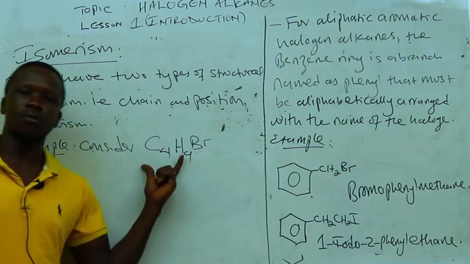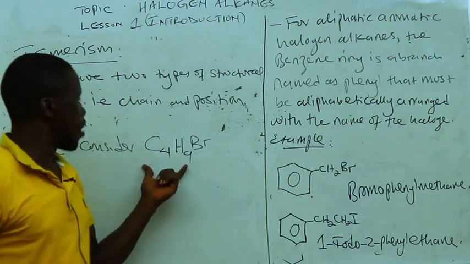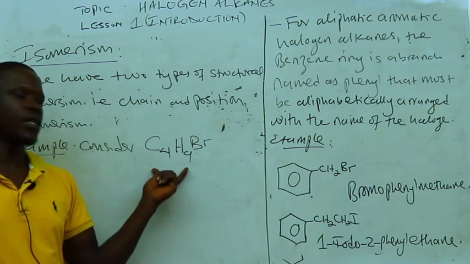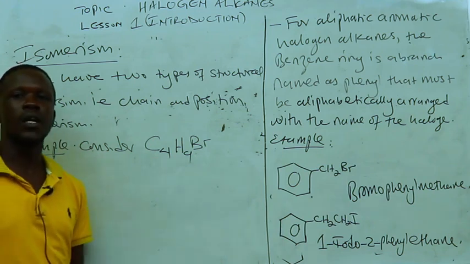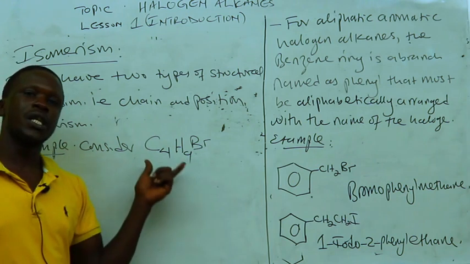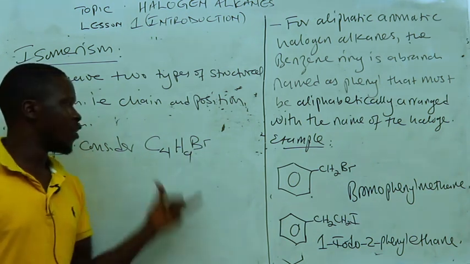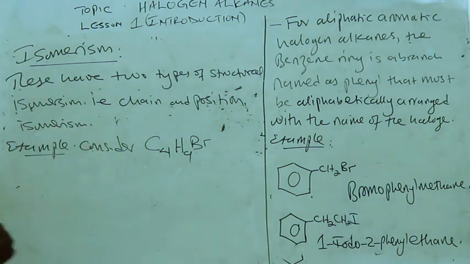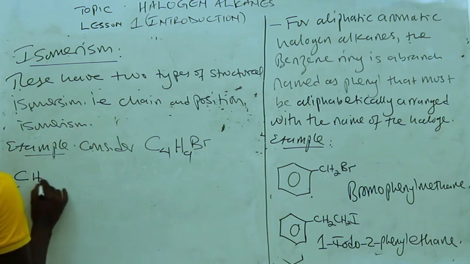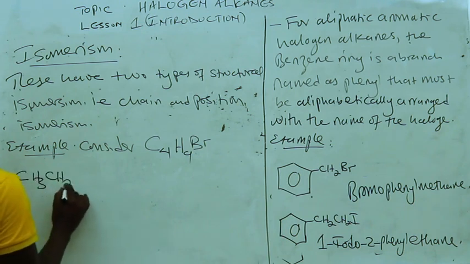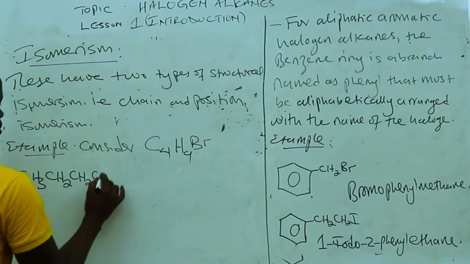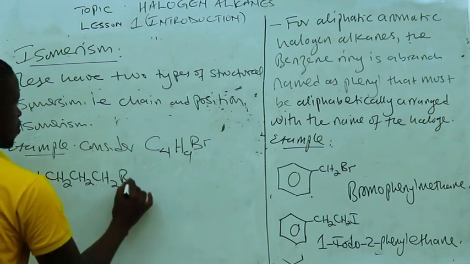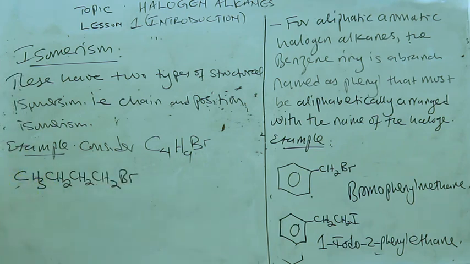Maybe I'll be asked to calculate the empirical formula, and then after calculating, we come up with this molecular formula, and then we are told to write all the possible isomers of this compound. So normally the first isomer is a straight chain isomer. So we write CH3, CH2, CH2, CH2, bromine. This is a straight chain isomer.